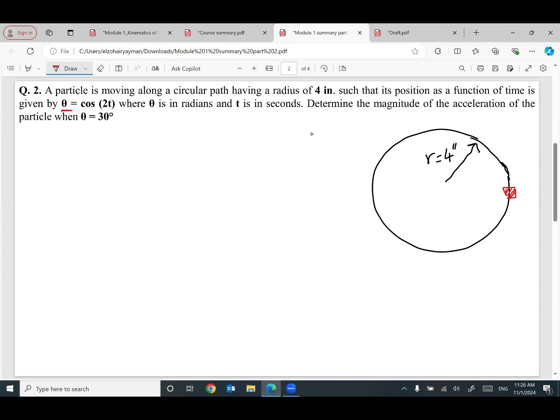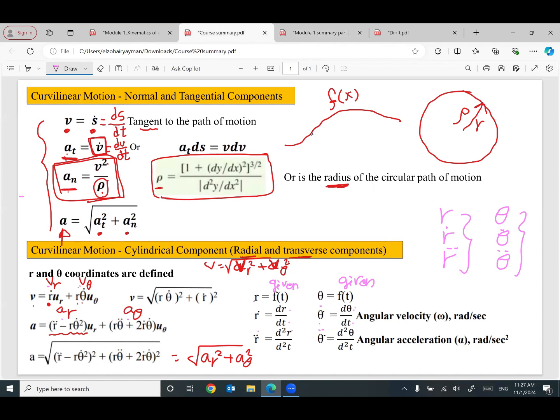This is the start point. Since the position is given by theta, that means we are in these two components, transverse theta and the radial r directions. That makes sense?